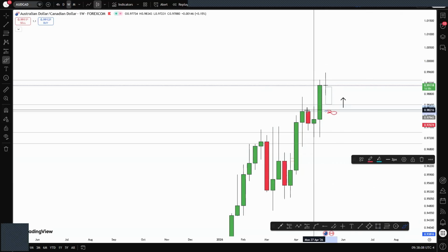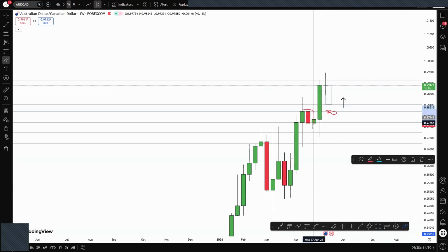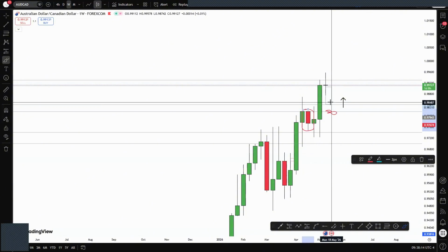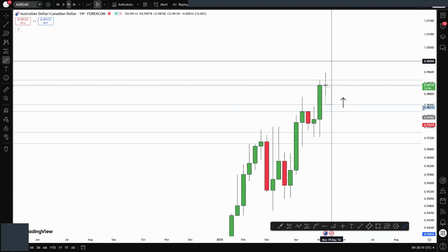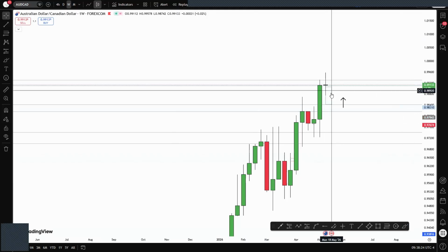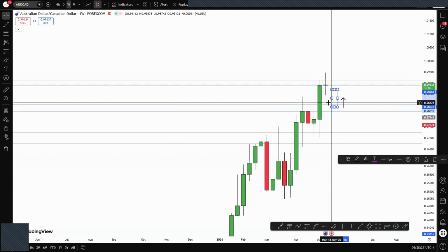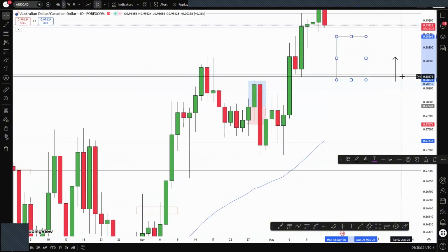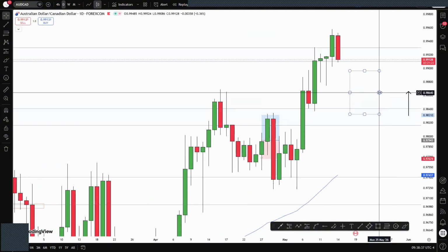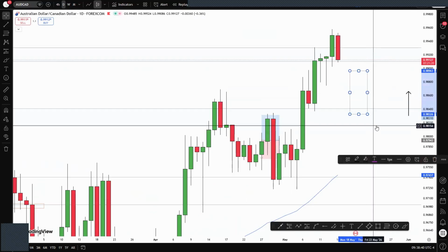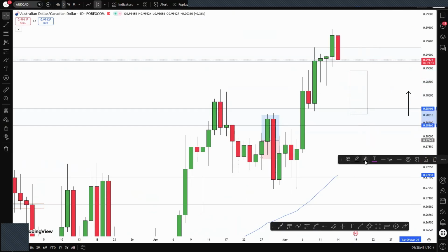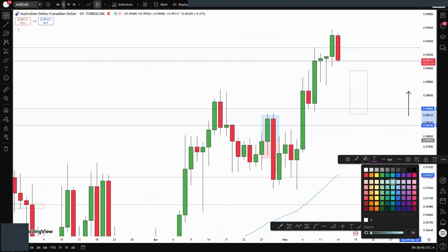In short, if price can retest with this kind of candlestick pattern at this level, then we can buy next week. And if we don't get that, we'll still be patient enough to see. Because if you look at this, AUD CAD and NZD CAD, they are all going the same. So it might just lead me to picking the one that makes the most sense for next week.